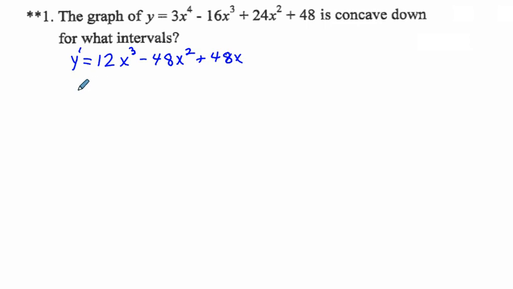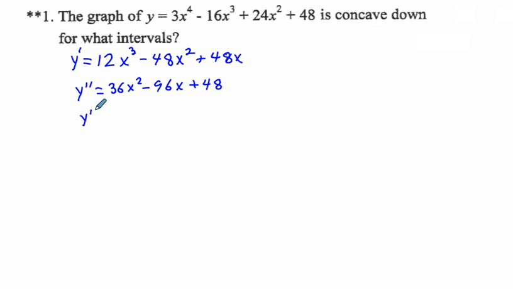And now we're going to find y double prime. That's going to be equal to 3 times 12, or 36x squared, and 2 times 48, we have 96x, plus 48. And then we can find a common factor here, which would be 12.